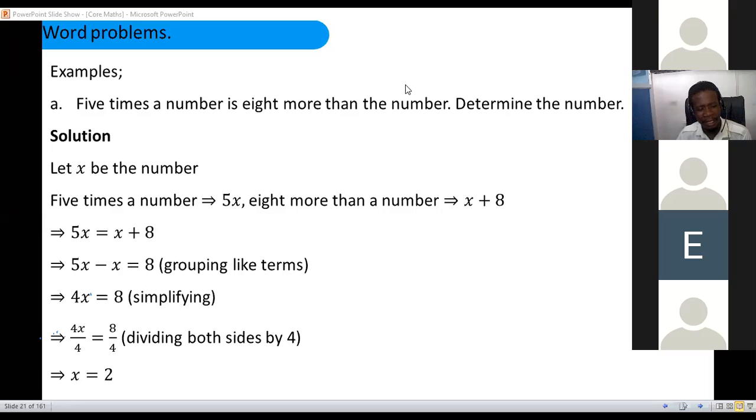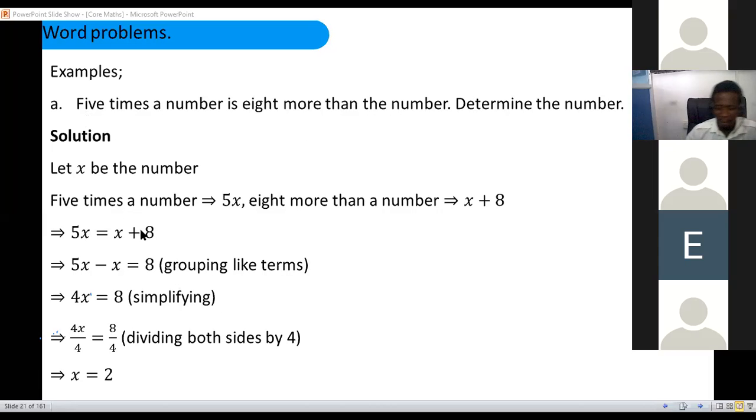Then we have our linear equation now. So from the word problem, we have it in mathematical statement.